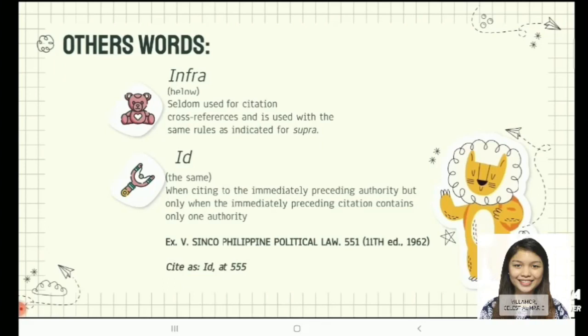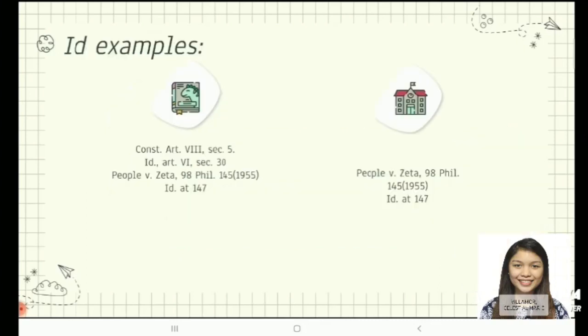We also have further examples when you want to cite again Constitution, Article 8, Section 5, it can be cited as Id., Art. 6, Section 30. Also with People versus Zeta, 98 Philippines 145, 1955, could be cited as Id. at page 147.